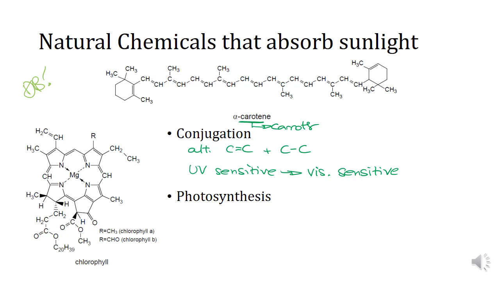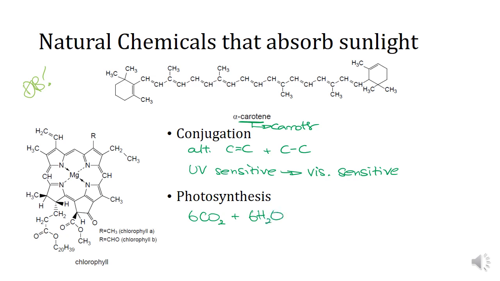Another example of a molecule with conjugation is chlorophyll. So if you'll see here, we've got a whole bunch of alternating double and single, double, single, double, single. You've got these double, single conjugation all the way through this molecule, and it's photosynthesis that allows that chemical reaction that you already know about, because I'm pretty sure I've already spoken about it several times.